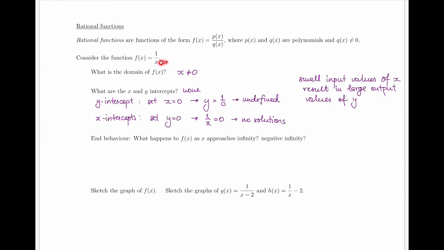If a small input value of x is positive, the output will be positive. If it's negative, the output will be negative. So this is what happens for small values of x, which means near the origin.